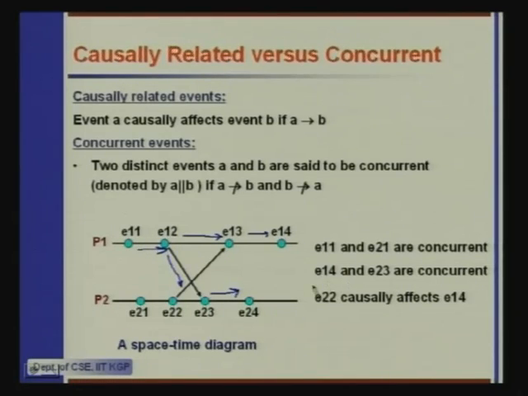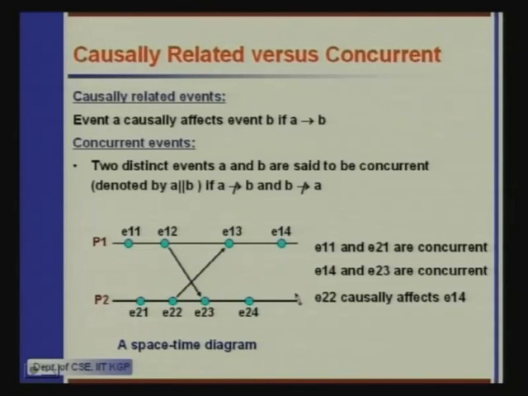E14 and E23 are concurrent. Look at E14 and E23. They are concurrent because there is no causal relation; it is not that E23 caused E14 or E14 caused E23.